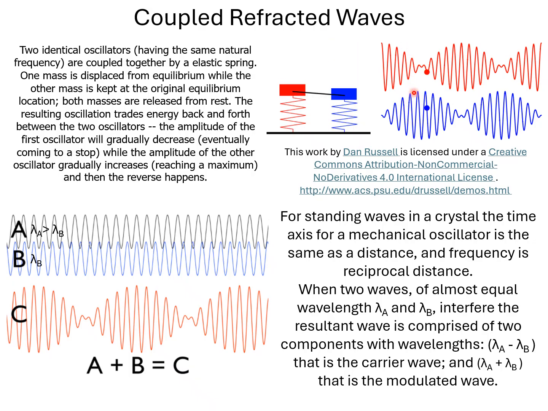These waves are sharing energy back and forward, and the amplitude is varying accordingly. And that's the coupling. That's the coupling effect. Now this is a mechanical oscillator, and it's not quite so simple for us in diffraction because we have these scattering events which change the phase, and it's not exactly like this.